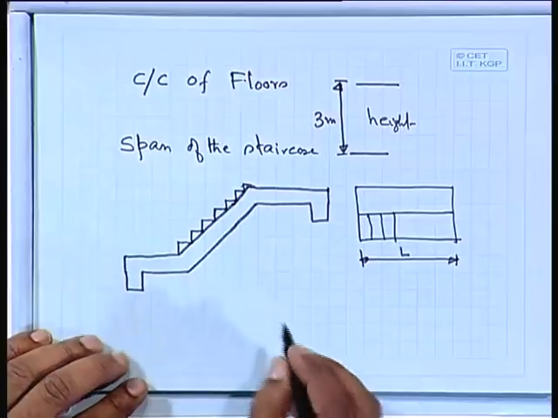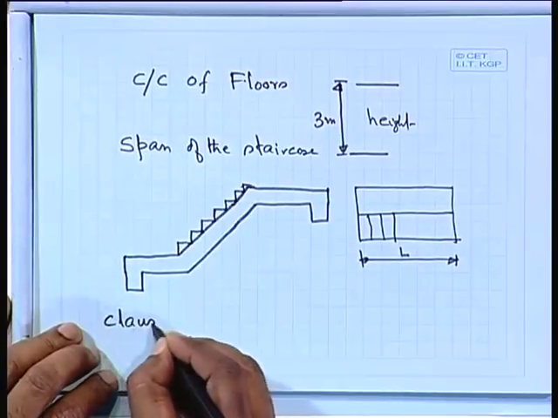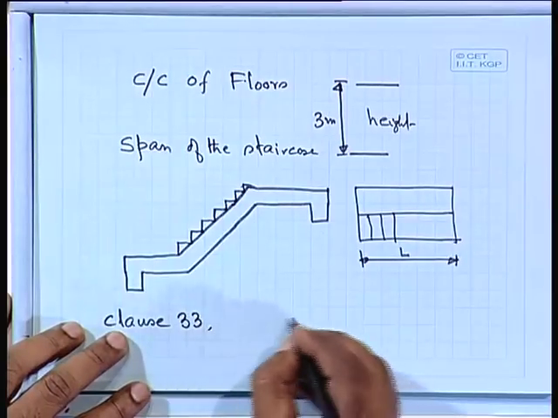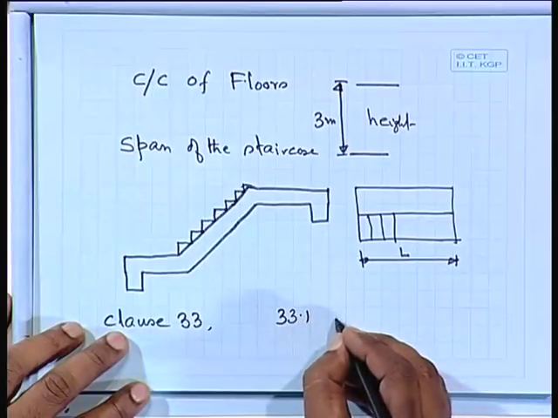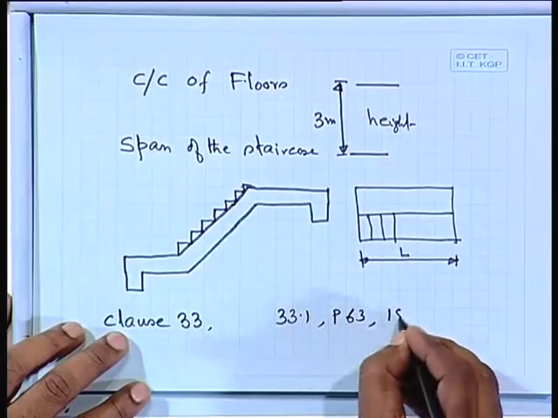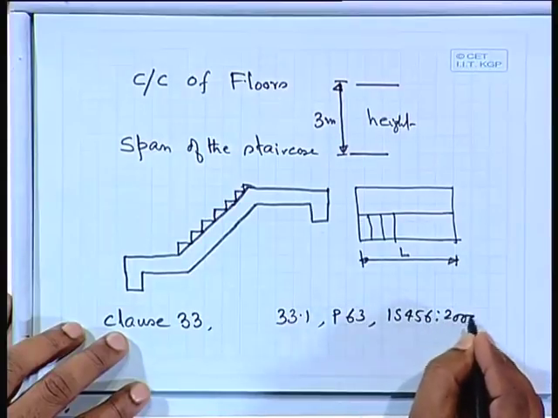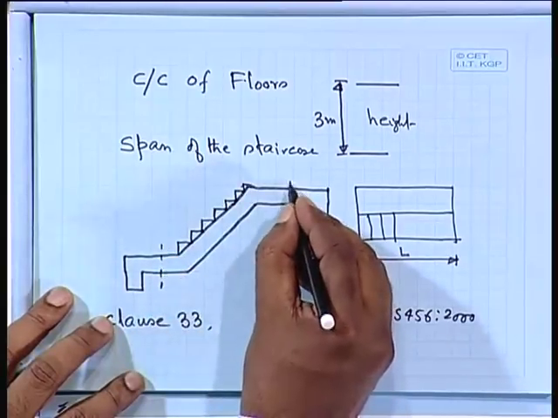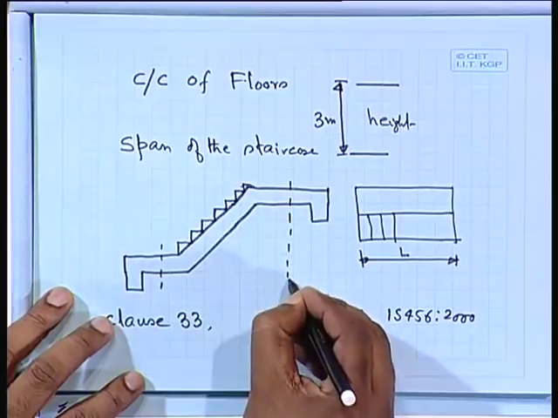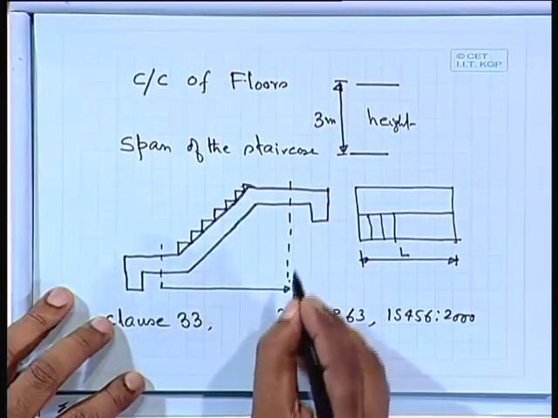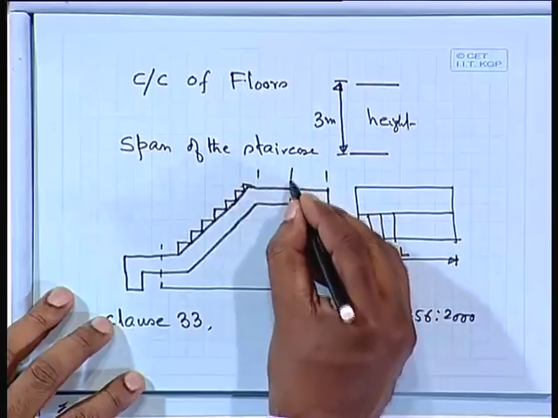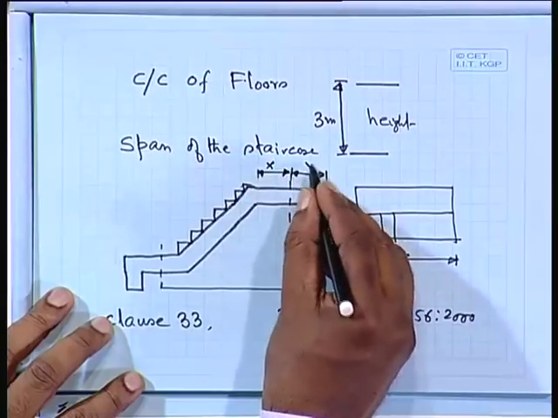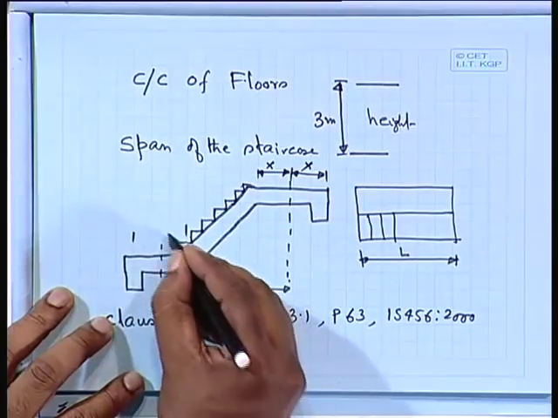This one we shall find out in clause 33, and more specifically 33.1, page 63 of IS 456 2000. So the effective span, for this case we take it here, this one up to this one, say x, and this is say y.